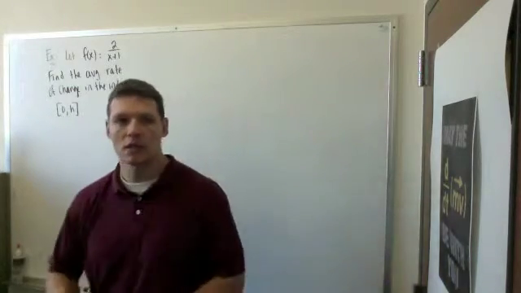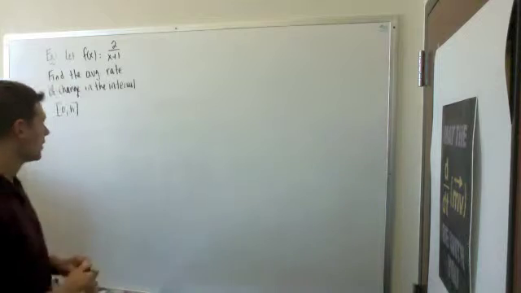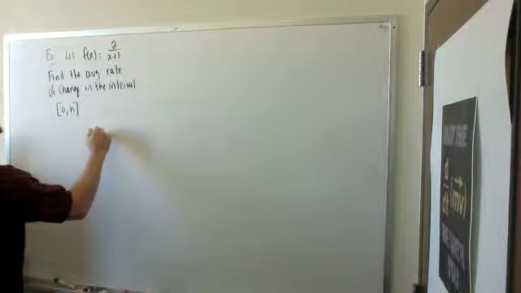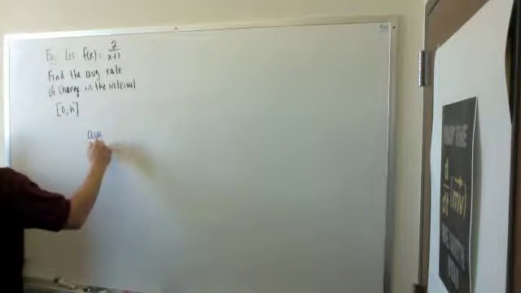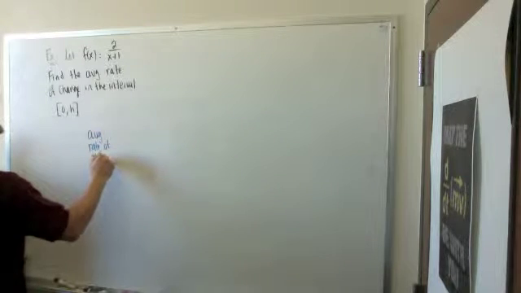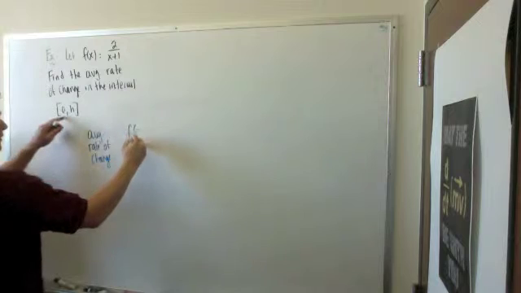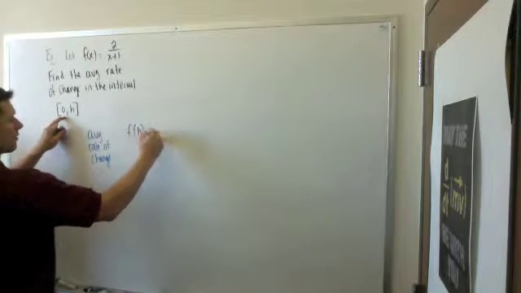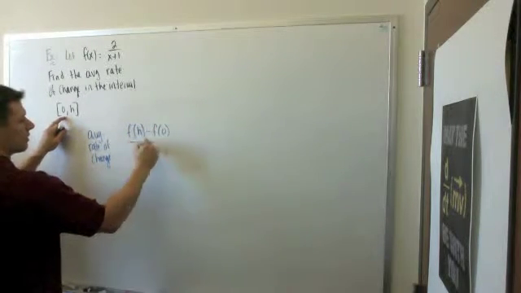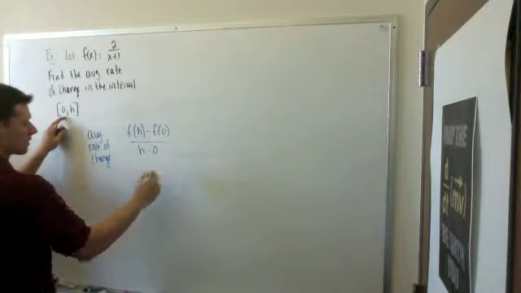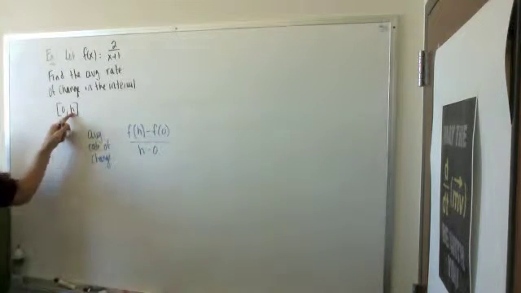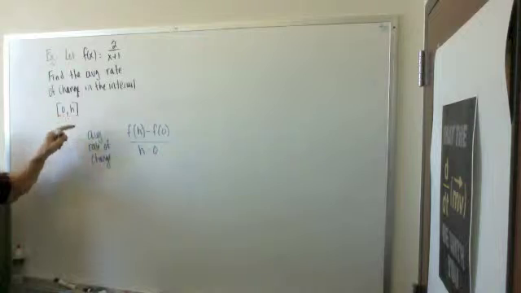So let's take a look. This does take a little bit of algebra for this one. So we're going to find the average rate of change. So I have f of b, so it's f of h minus f of 0 divided by h minus 0. Okay, this is my b, this is my a, b minus a.